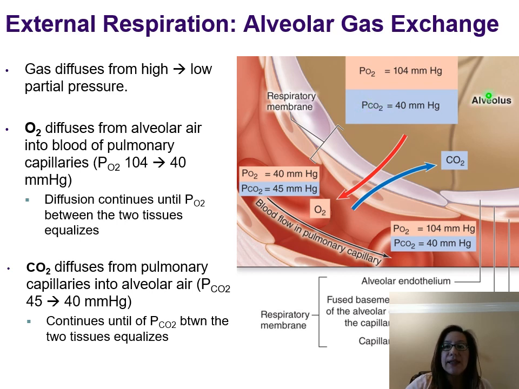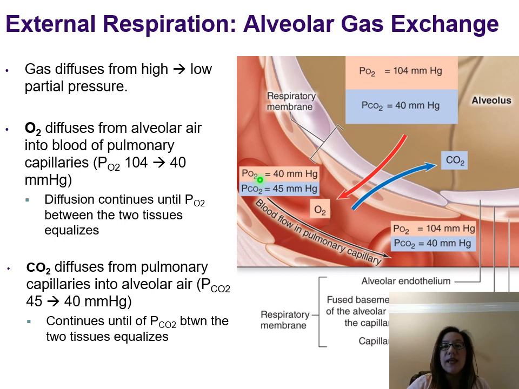We're looking at the microscopic features of a lung lobule. Here we have an alveolus, we have the respiratory membrane, and then we have the pulmonary capillaries. Now, in the lungs, recall this is when blood is going to pick up oxygen in exchange for CO2. Now, you know that oxygen goes from the lung into blood, but why?